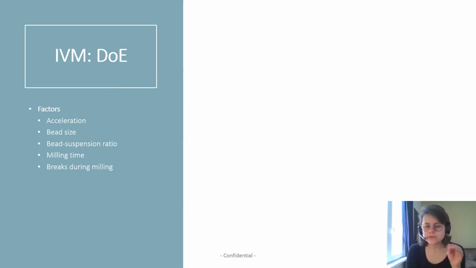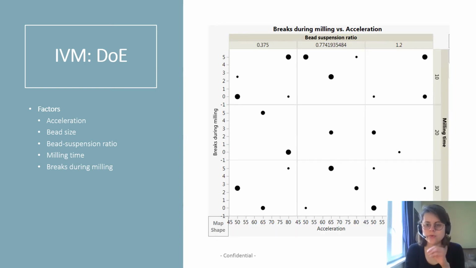If we visualize that a bit, this would be our design space. On the x-axis below, you can see the acceleration, from 50 up until 80 G. Breaks during milling: 0 minutes, so continuous milling, up until 5 minutes of pause. Bead suspension ratio: 0.375 up until 1.2. And milling time: 10 to 30 minutes, so really a fast milling.